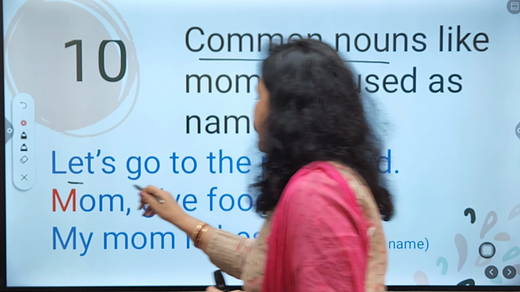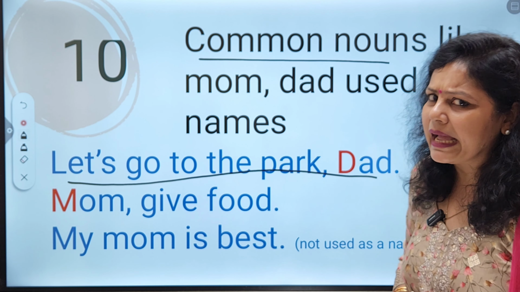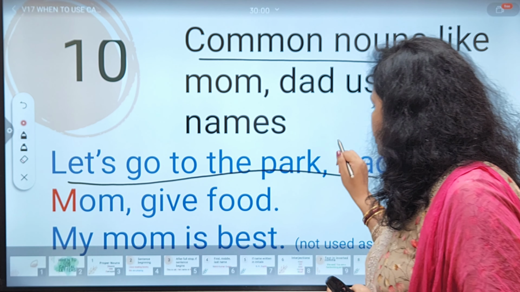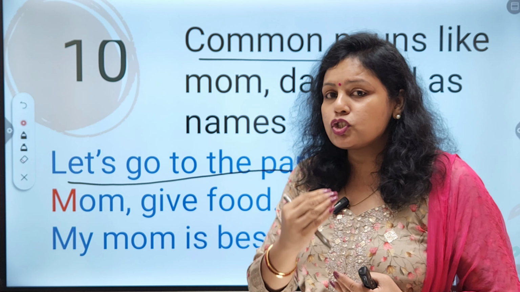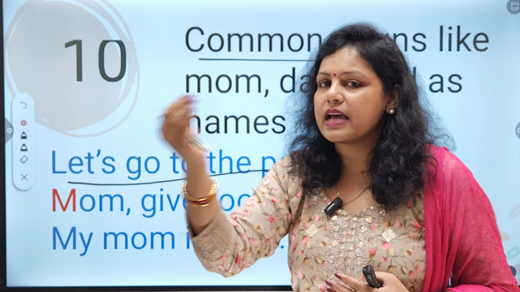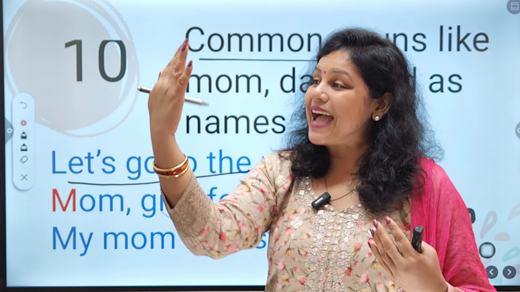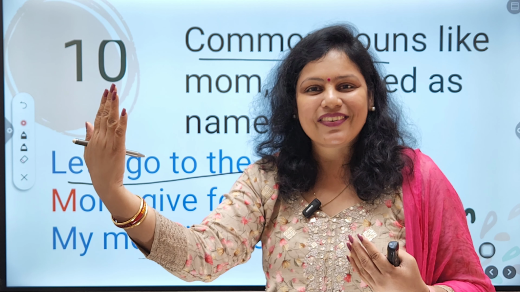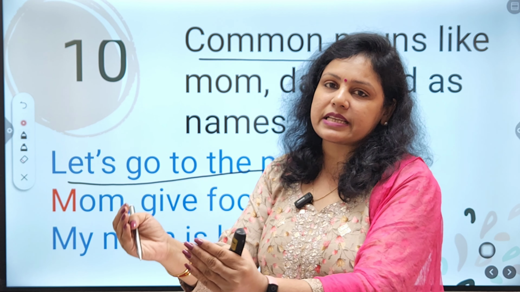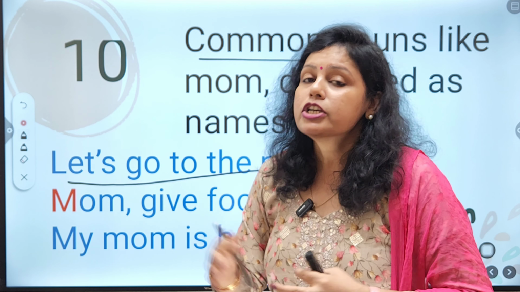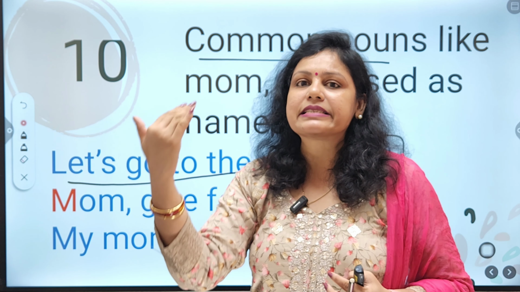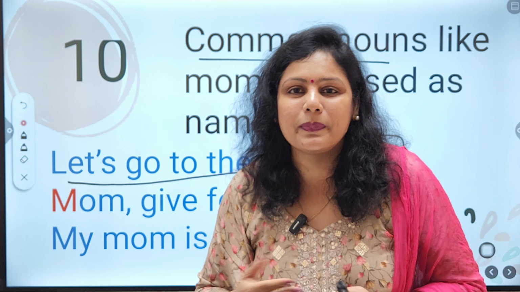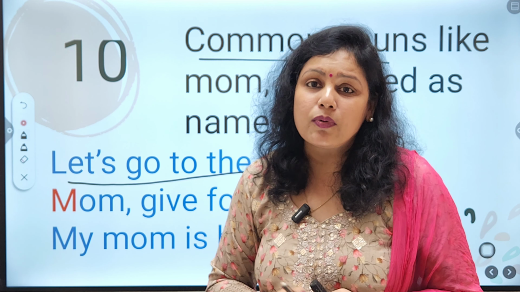Now see here, let's go to the park, dad. So the child is actually talking to the dad. That means dad is standing in front of the child, right? And the child is asking the dad to go to the park. So here the dad is acting as a proper noun, and that is why D will become the capital, right?